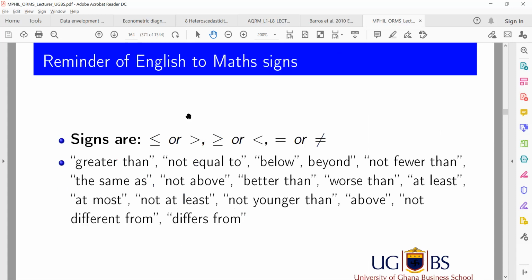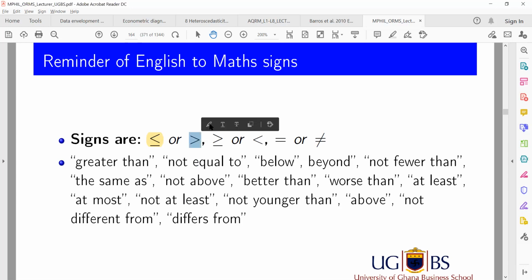So look at these symbols. They are English symbols, all right? The first one that I've highlighted, what is the name of this symbol? It's less than or equal to. Now, what is that second symbol?